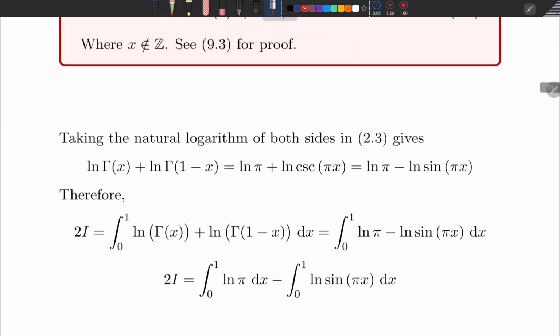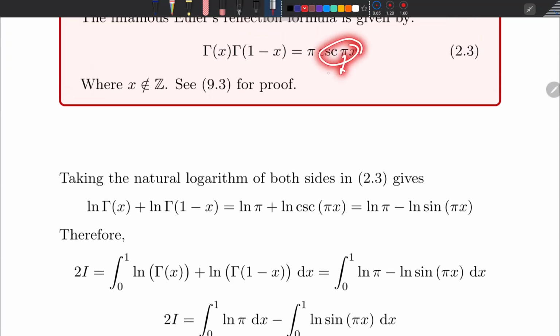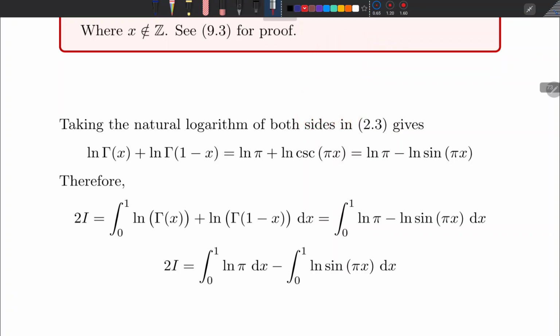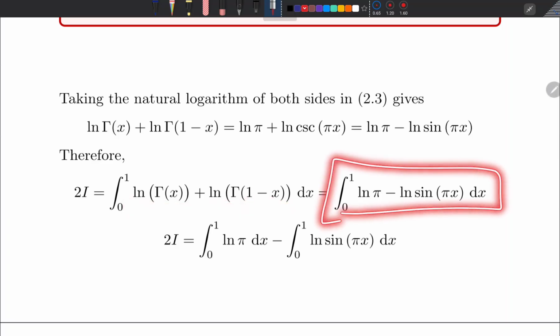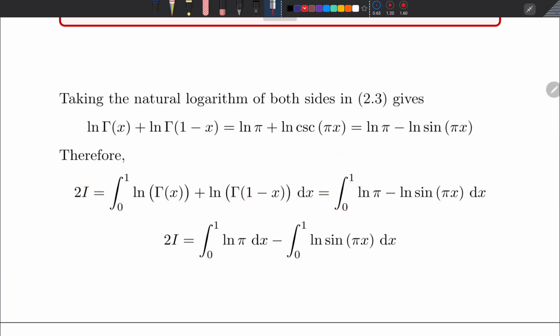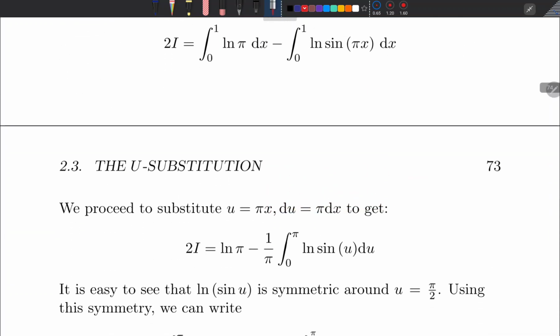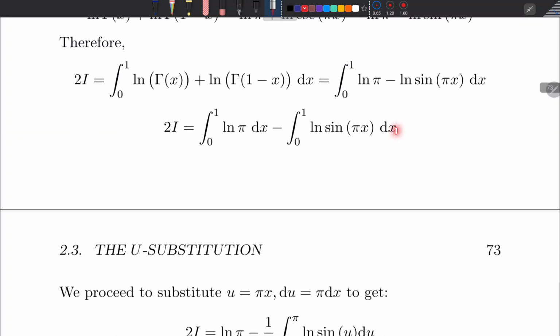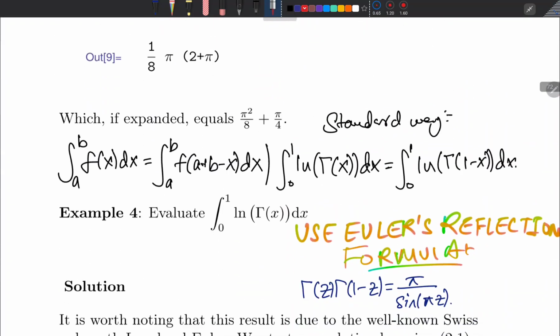Okay, so using the formula, cosecant is just 1 over sine, you might know that, right? So that's how you can reach something like this, and now it becomes quite easy. You know what this integral is? It's just the integral that we saw in our previous video.